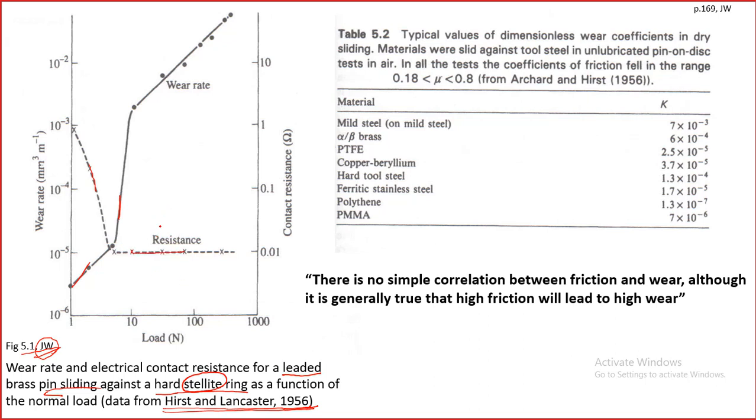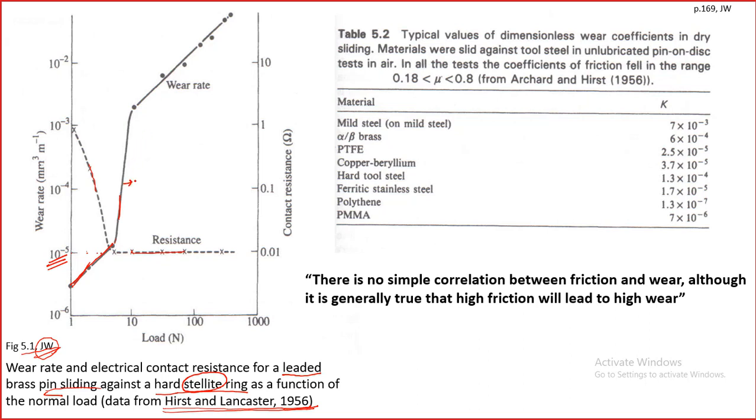Now we can see that the wear rate is not fixed, it is changing quite a lot with the load. Initially it was in a lower range. For example, here the wear rate was 10 to the power minus 5, which is low, not very low, and all of a sudden there is a sharp change and the wear rate goes very high.